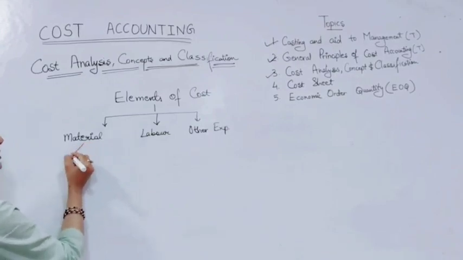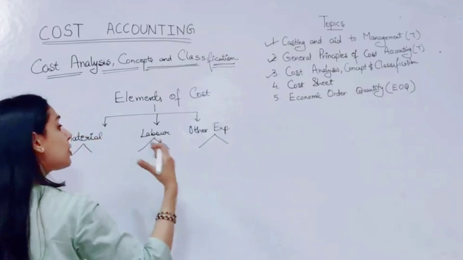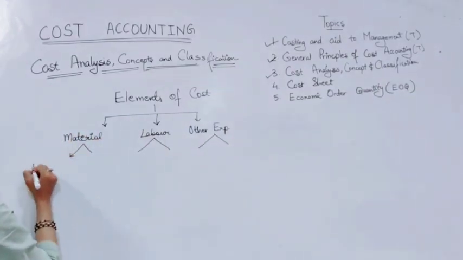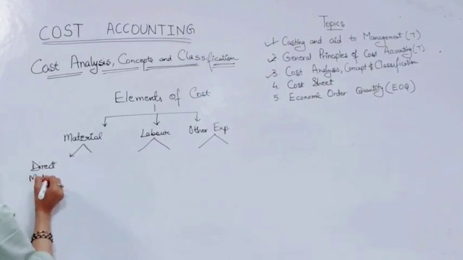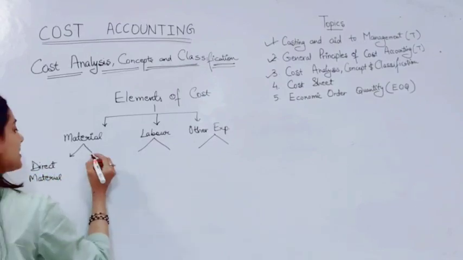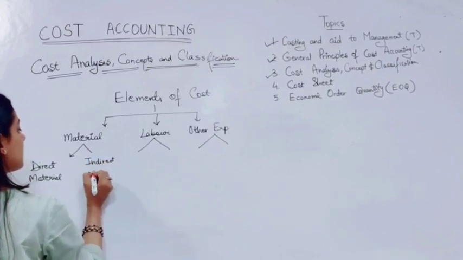After this, we are going to segregate materials, labor, and other expenses into further subheads, which are direct material, next is indirect material.